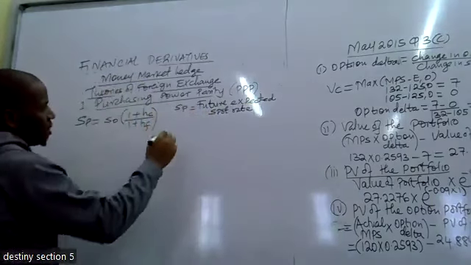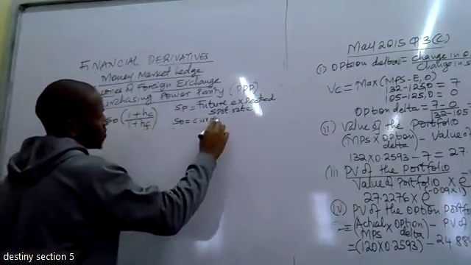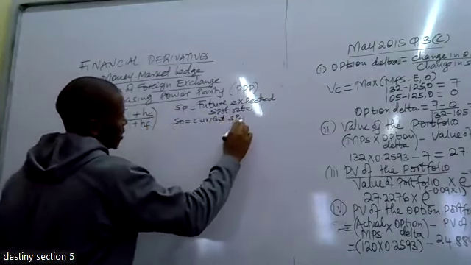When you talk of S0, it is the current spot rate.